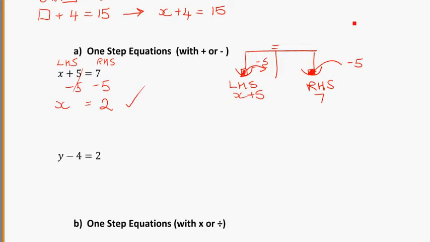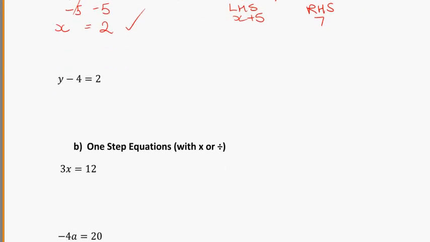And let's try one with a takeaway. y minus 4 equals 2, so I'm going to undo the subtract 4 by adding 4, but I have to do it to both sides. That will just be 0, and 2 plus 4 is 6, so y is equal to 6.